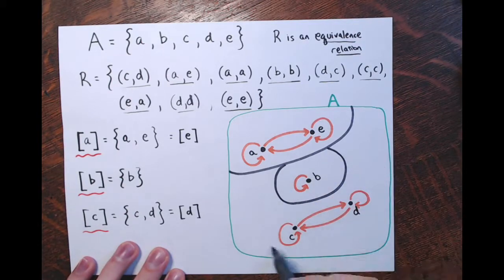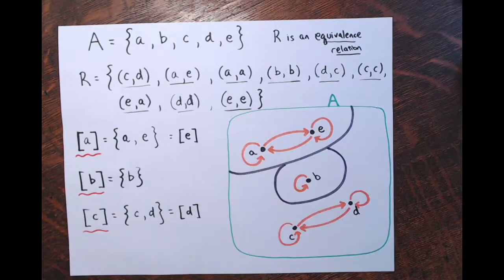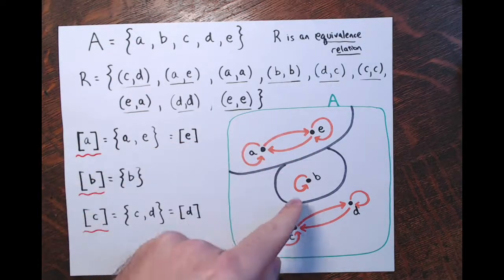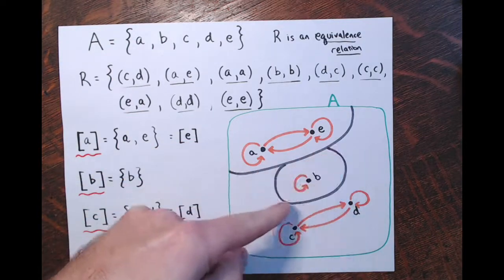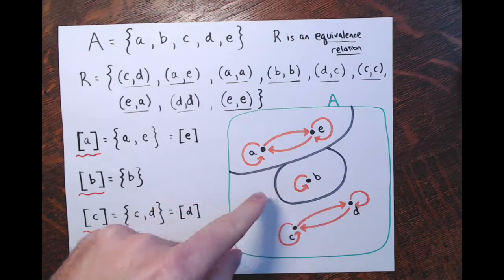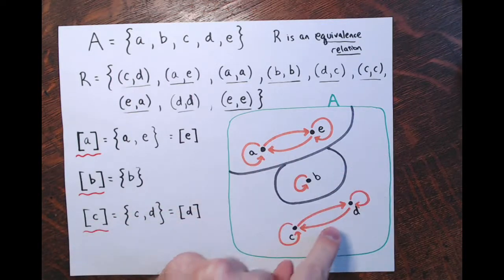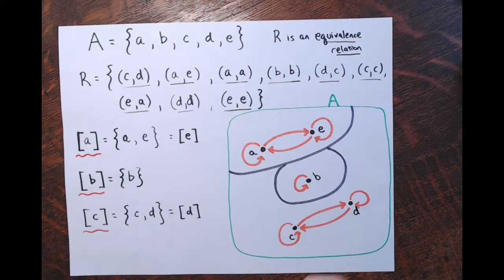And then the rest of it is C and D. I break it up into non-overlapping pieces, partition it. So there's the set with A and E, this part here with element B, and the rest with C and D. So I've broken up set A into non-overlapping pieces.